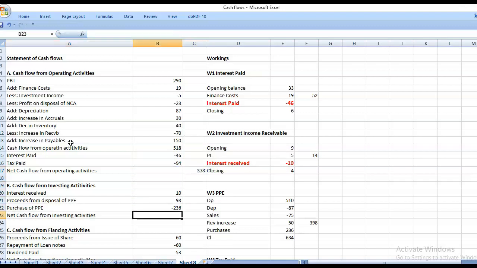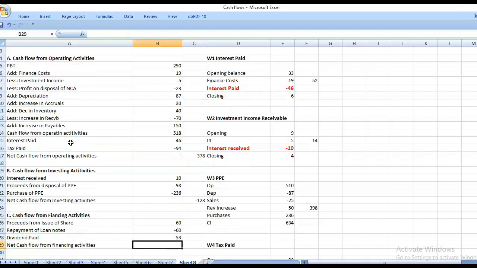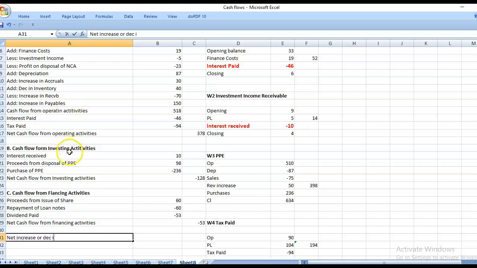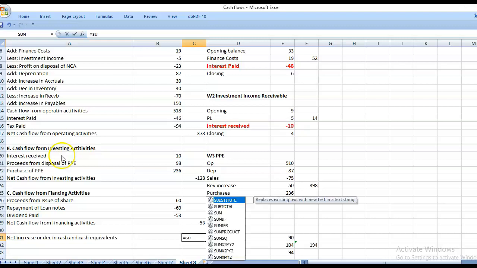When I take net cash flow from investing activities, I'm getting, let's see what I get, a figure of negative 128. And when I take net cash flow from financing activities, I get a figure of negative 53. When I take the net increase or decrease in cash and cash equivalents, let's see, what do we get?